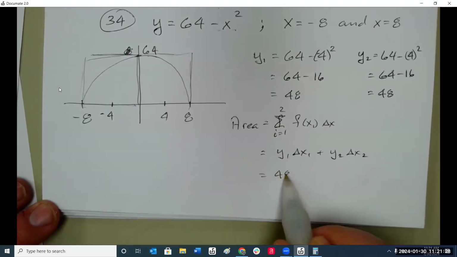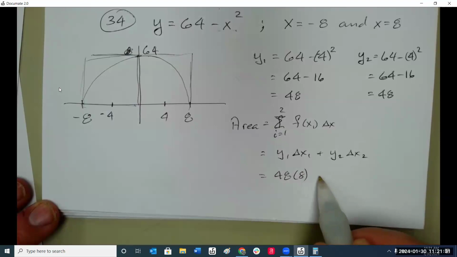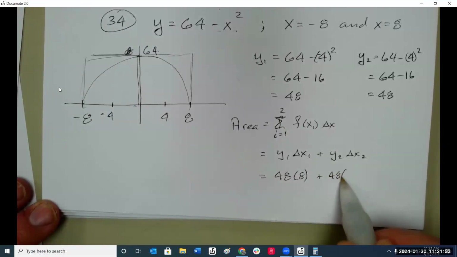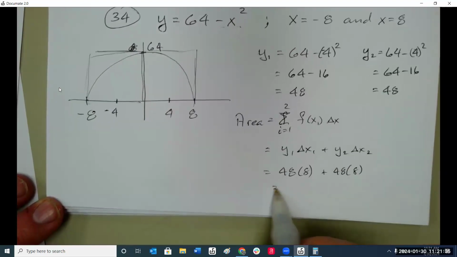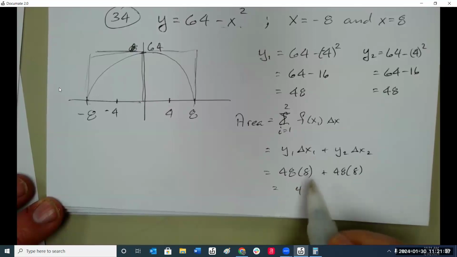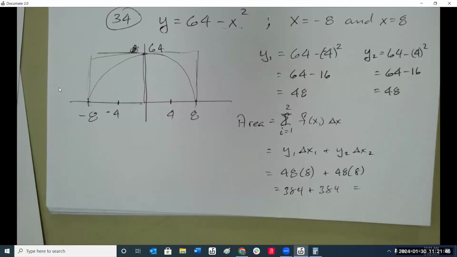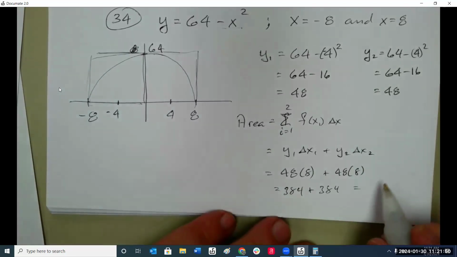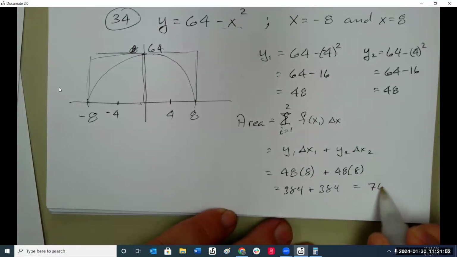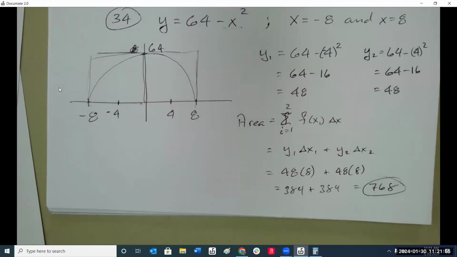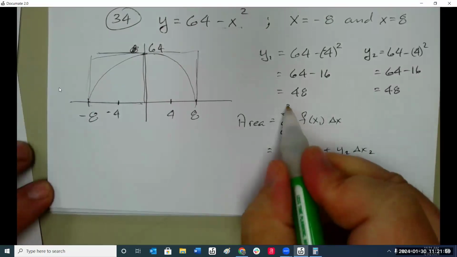So it's 48 times 8, which is 768. And that's for 2 rectangles.